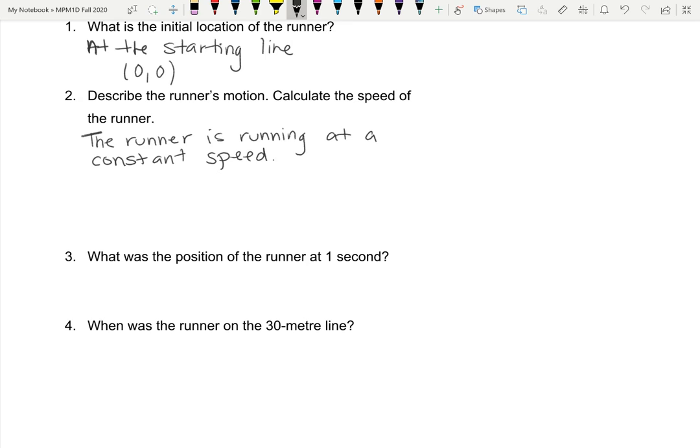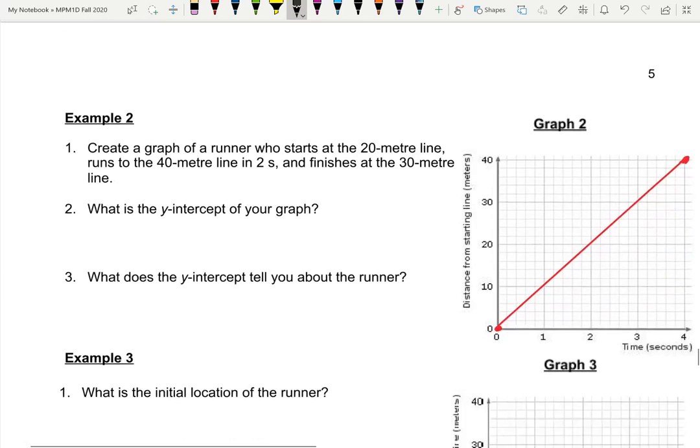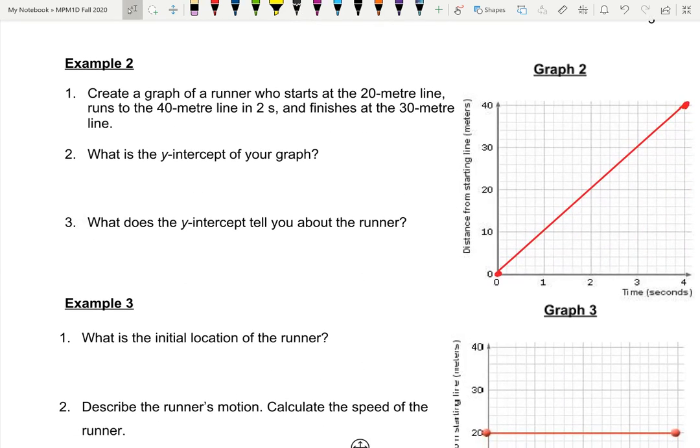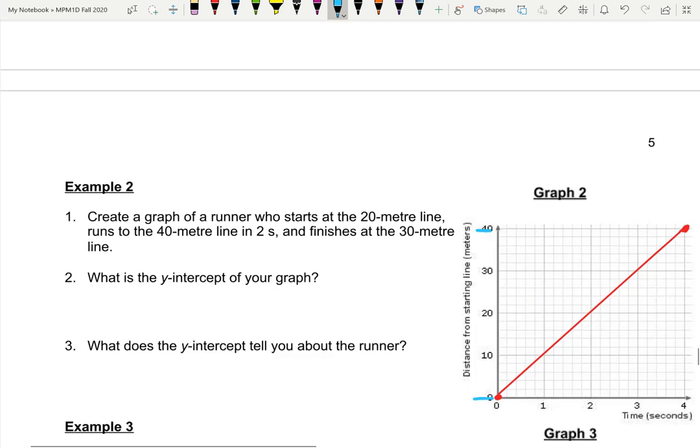To calculate speed, speed is equal to distance over time, or change in y over change in x. My change in y, from 0 to 40 meters, so my y value is changing 40 meters.